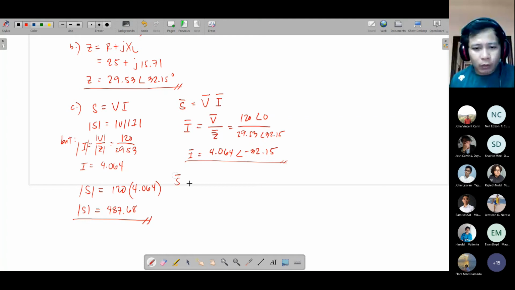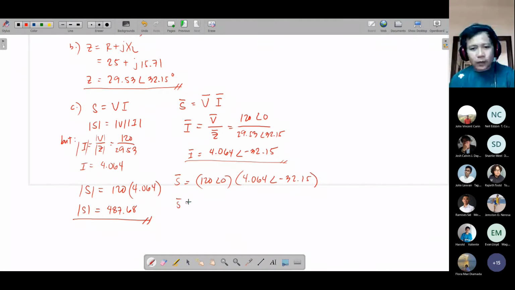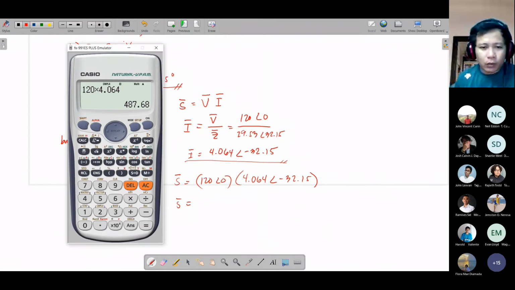Therefore, the vector quantity of the apparent power will be the voltage, which is automatically 120 angle 0, times 4.064 angle negative 32.15. Okay? So the magnitude of the apparent power, if we are going to solve this one: 120 angle 0 times 4.064 at an angle of negative 32.15.